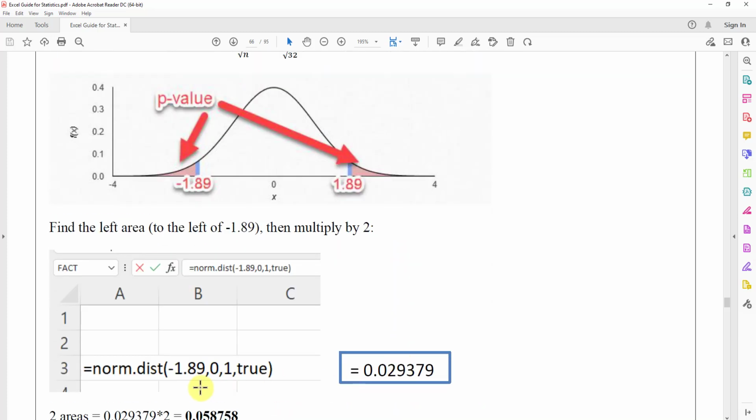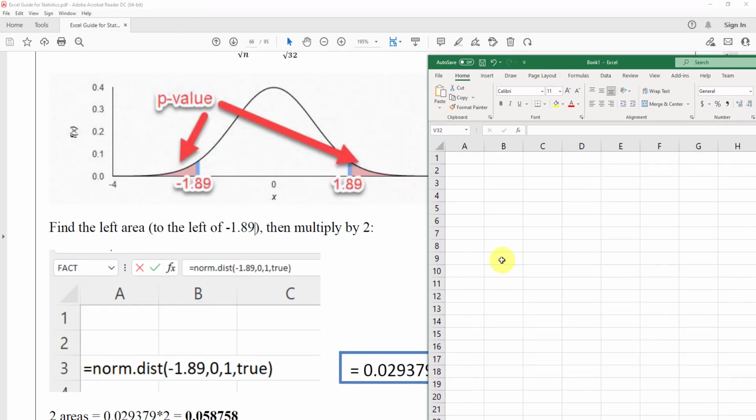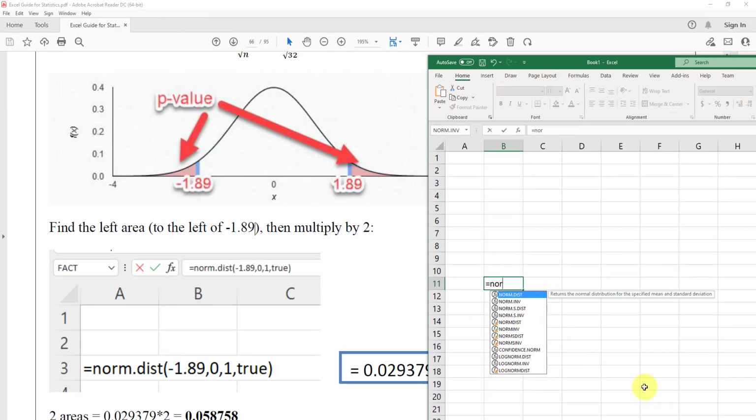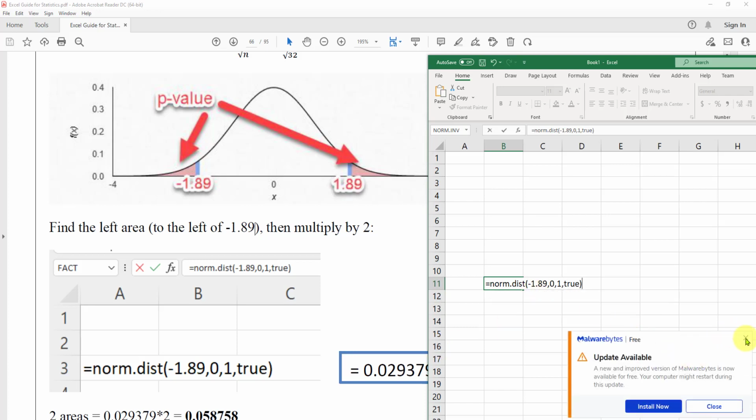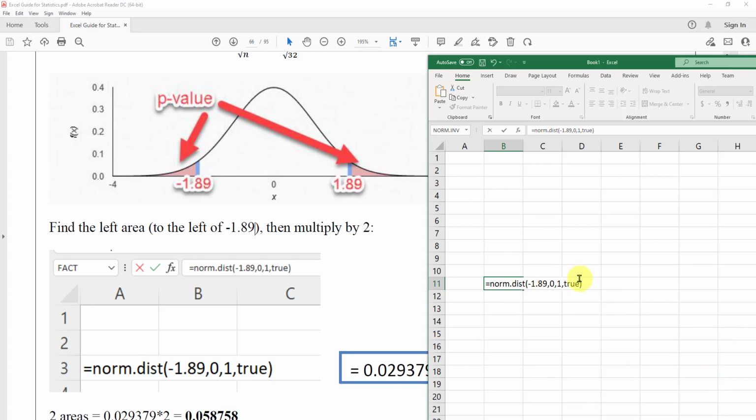So we can use the function norm.dist. If you type equal norm.dist, you input the minus 1.89 because I'm looking for the area on the left side of minus 1.89. This is the standard normal curve, so the mean is 0, standard deviation is 1, and I type true because I want the cumulative, which is the area on the left.